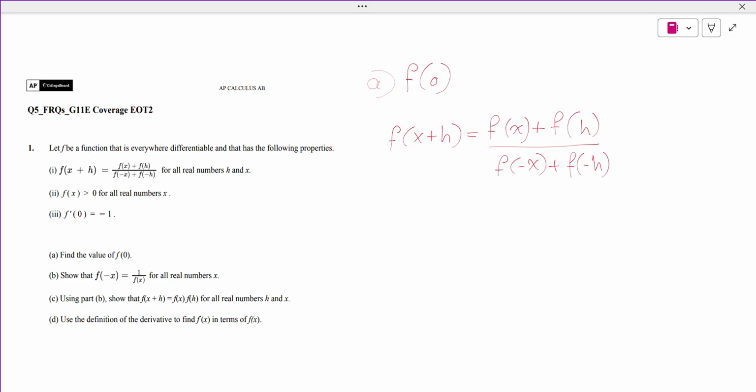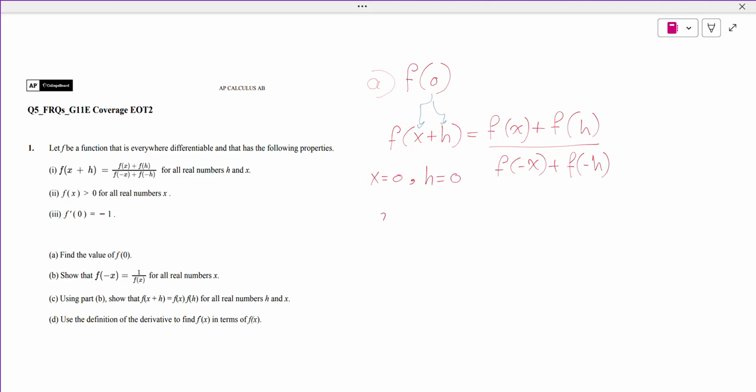So we are looking for f of 0. So how do we make the x plus h 0 here? So we will let x equal 0 and h equals 0.